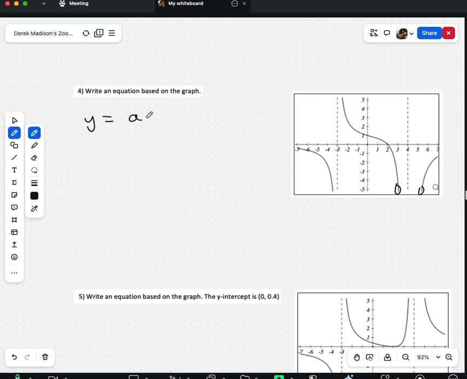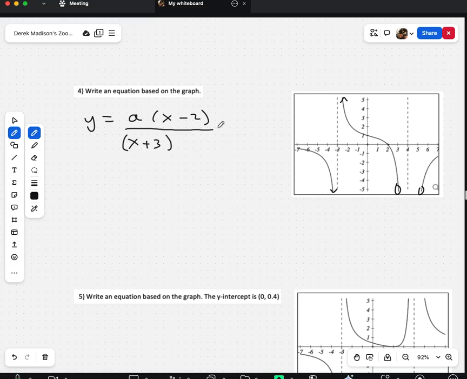So we'll use our a as our stretch constant that we're going to look for. Numerator is x-intercepts, and that's right there, so that's going to be x minus 2 is the factor that would give me an intercept at 2. Right here I have a vertical at minus 3, so then that means I have x plus 3. That didn't come out very good. And then that one's to the first, because that side's going to negative infinity, and that side's going to positive.